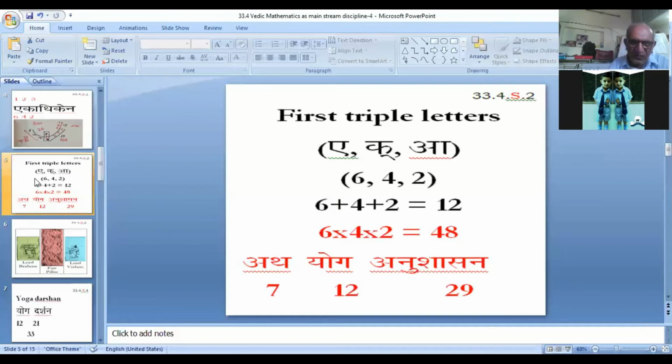The very first sutra of Patanjali Yoga Darshan, Atha Yoga Anushasanam, brings us face to face with triple formulation: Atha of TC value 7, Yoga of TC value 12, and Anushasan as TC value 29, together making a value 48.